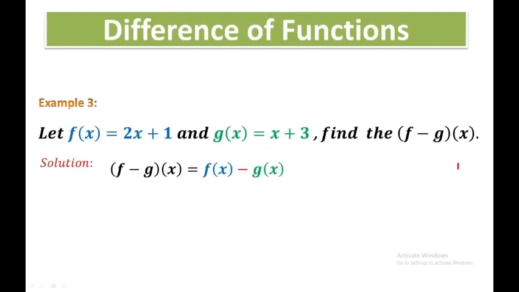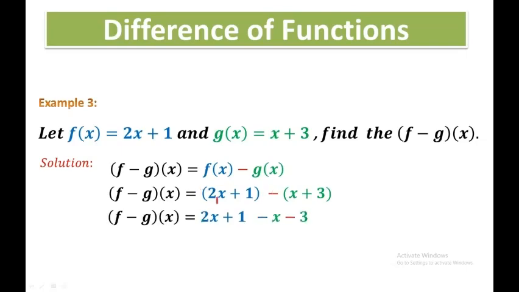Okay, our solution is f minus g of x is equivalent to f of x minus g of x. Now replace the value of f of x, which is 2x plus 1, and our g of x is x plus 3. Now we have 2x plus 1 minus x plus 3. Now let's remove the parentheses.